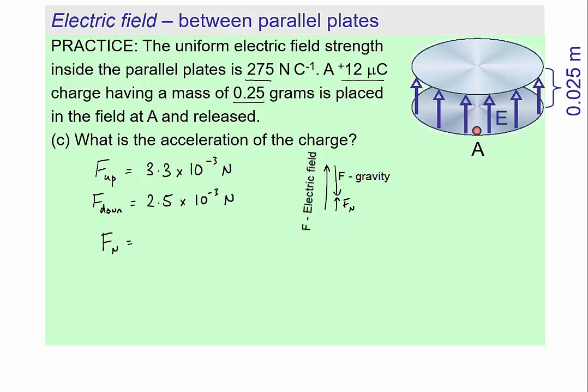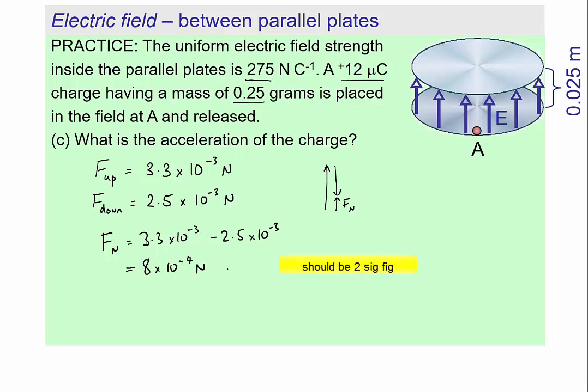So it's the 3.3 by 10 to the minus 3 minus 2.5 by 10 to the minus 3, which gives us 8 by 10 to the minus 4 newtons, and that's going upwards.